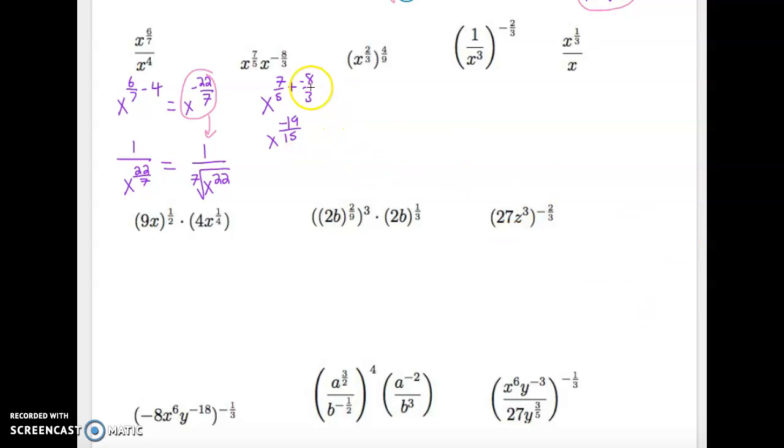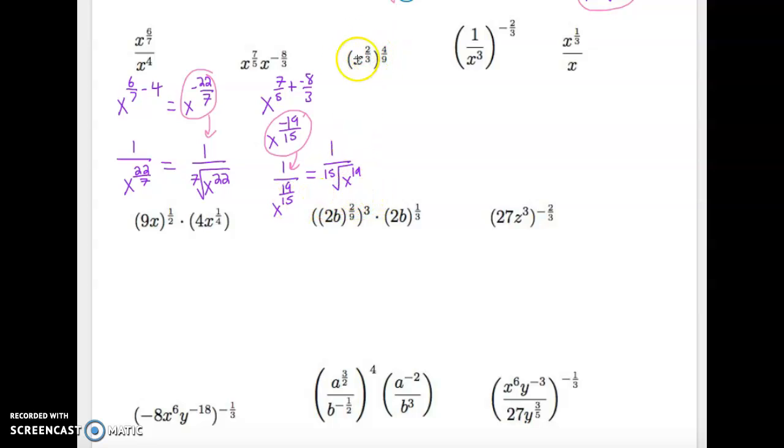Move it to our denominator, so I'll get 1 over x to the 19/15. And then I can rewrite that using power and index: 1 over the 15th root of x to the 19th. Beautiful.